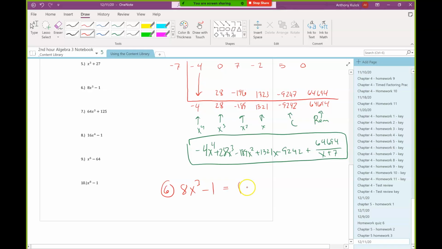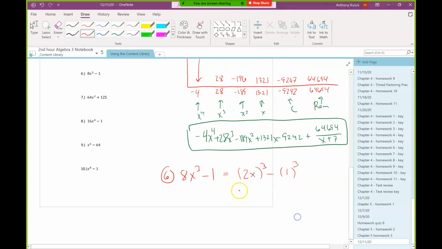And x to the third is x times x times x. So I can rewrite 8x cubed as 2x cubed. And 1 is the same thing as 1 times 1 times 1, so I can rewrite 1 as 1 cubed. So my a is like 2x, and my b is like 1.